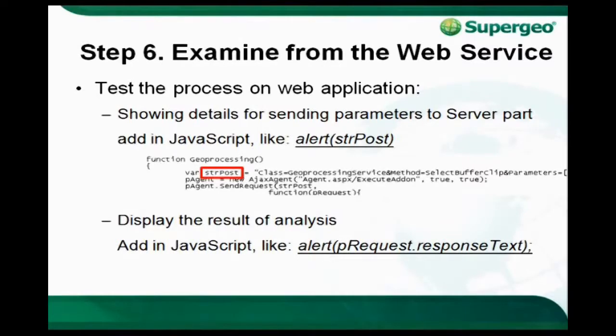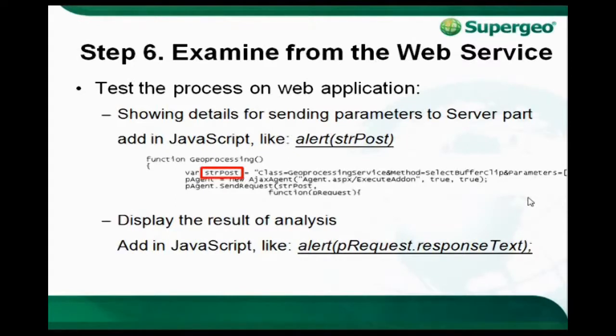Or you can add code for checking the details of the contents sent to the server. Here, the str post, the one in the red rectangle in this slide, represents the class and method, and also the parameters in the geoprocessing. You may refer to the previous page to recall the settings.